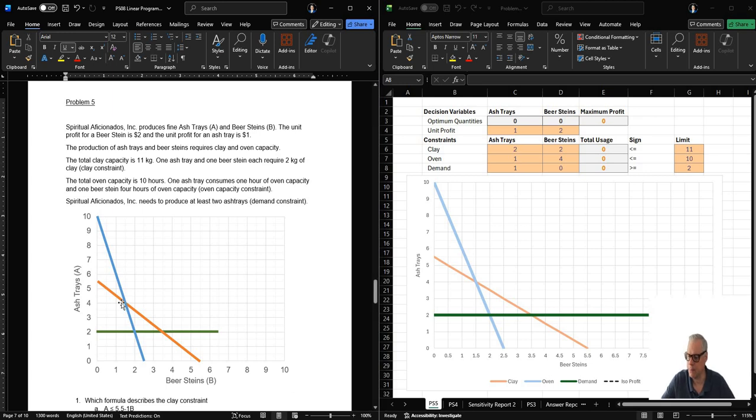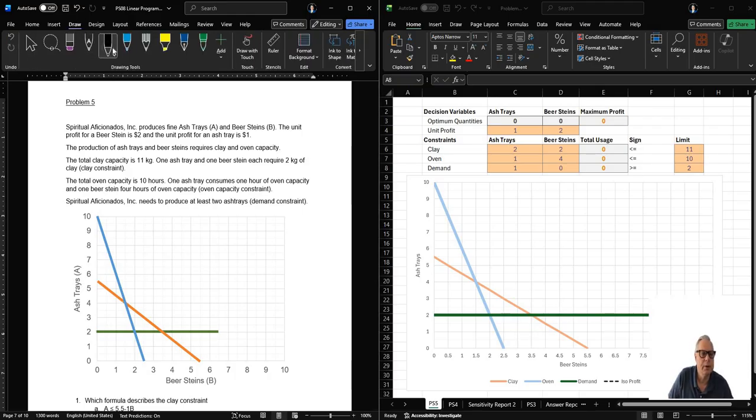And you know that the ISO profit line is given by, so we always write total profit is equal to the unit profit of the ashtray times the amount of ashtrays plus the unit profit of the beer stein times the amount of beer steins.